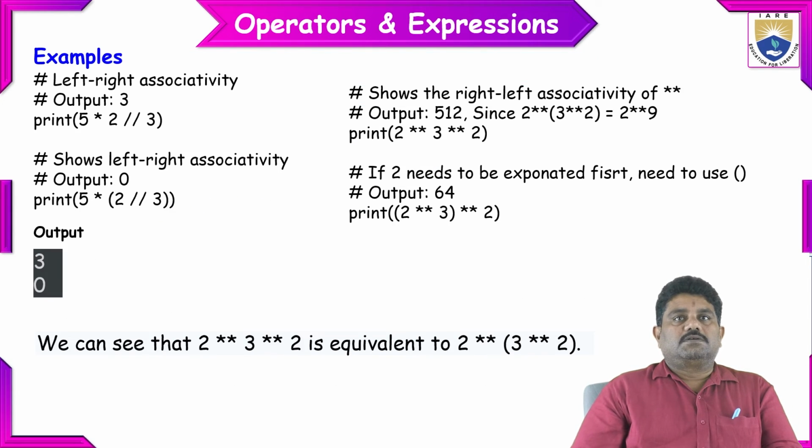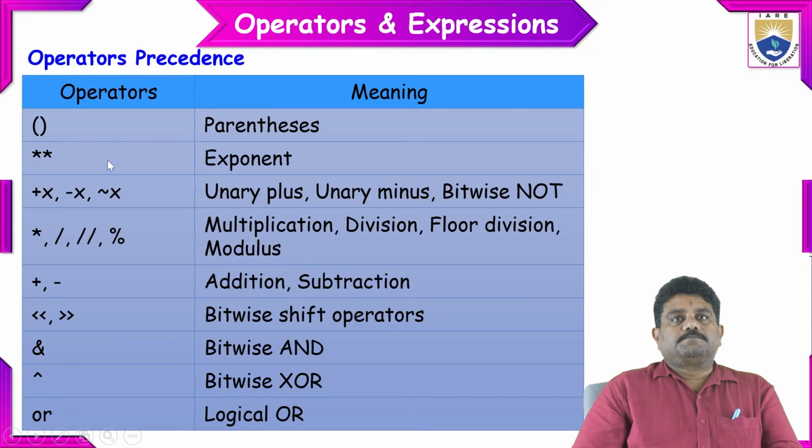Now we will see this. Here, see 5 star 2 slash 3. This is the expression we have given here. Left to right associativity is followed here, because star, meaning multiplication, division, floor division, and modular division all have the same priority.